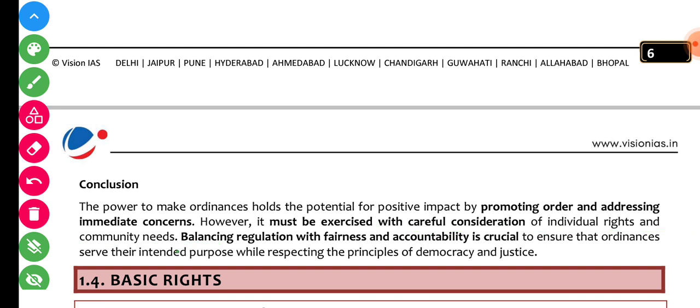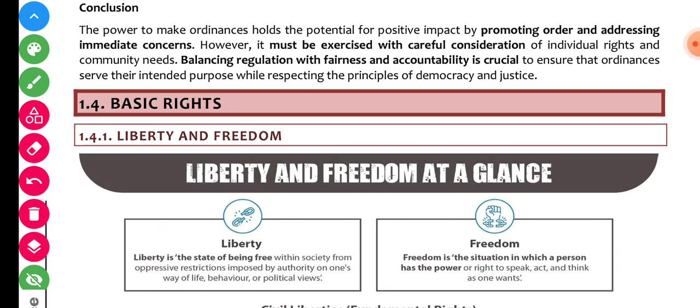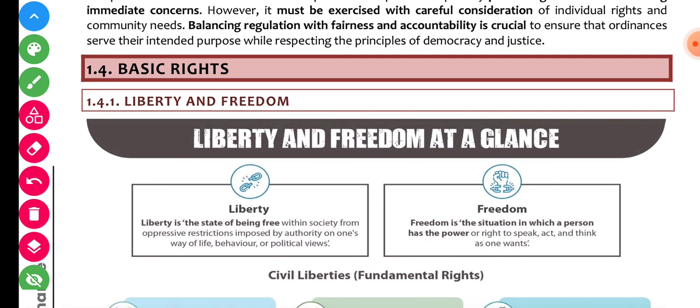Balancing regulation with fairness and accountability is crucial to ensure that ordinances serve their intended purpose while respecting the principles of democracy and justice. Yes, so remember this. Okay, and next is the basic rights.